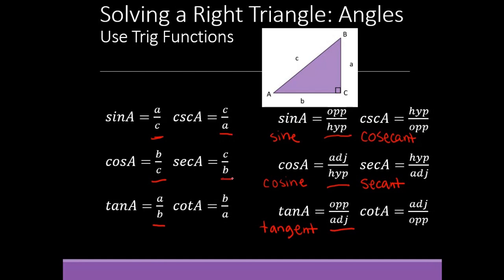It's the same, C over B instead of B over C. And this one is cotangent. Same thing, adjacent over opposite. So it is the opposite, upside down.